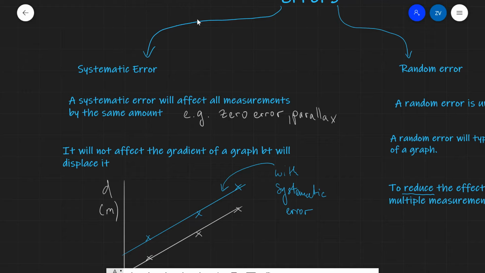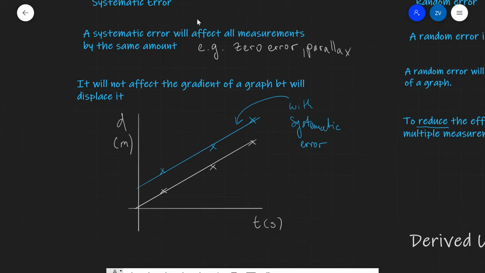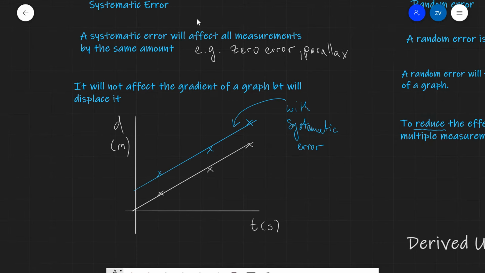This could also be a random error, by the way, depending whether you've done this to all of your measurements or not.